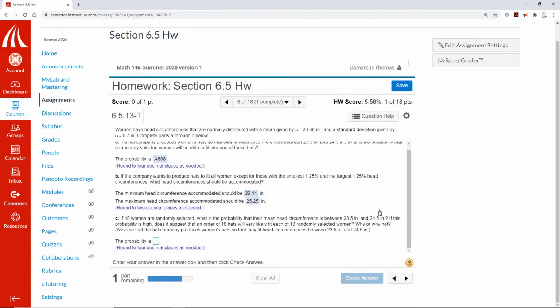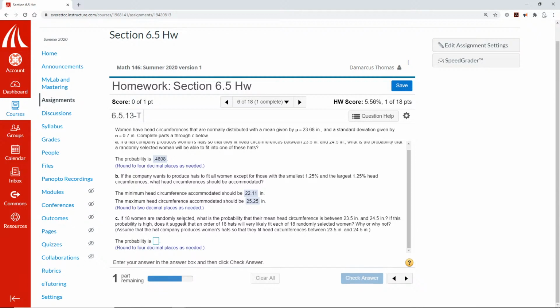Now here's where part C is a 6.5 problem. It says if 18 women are randomly selected, that's a sampling group. We need a whole new distribution.